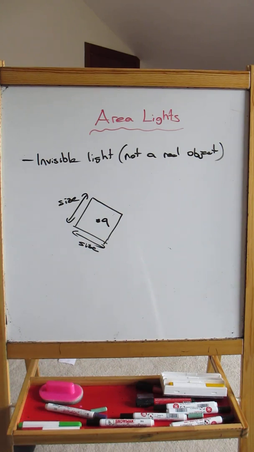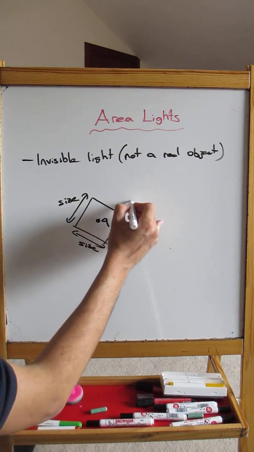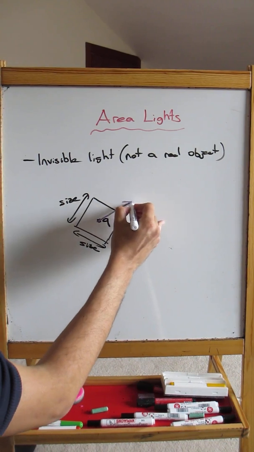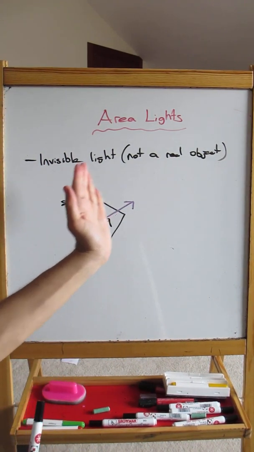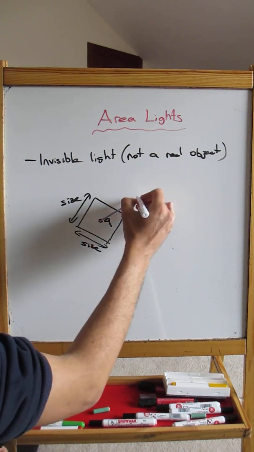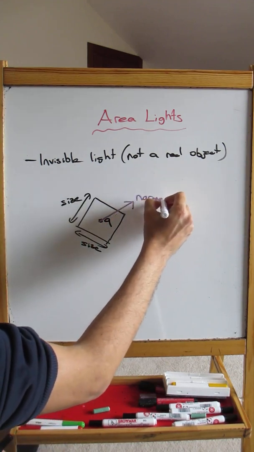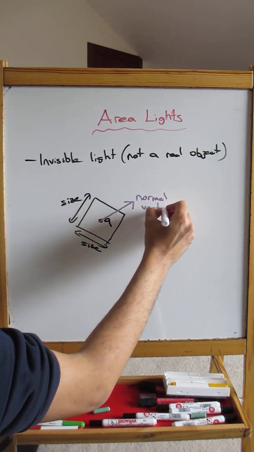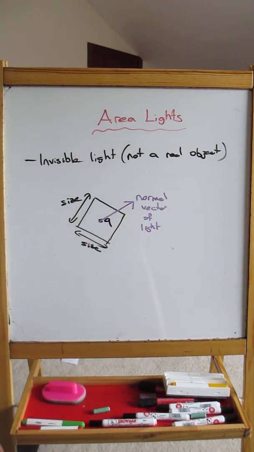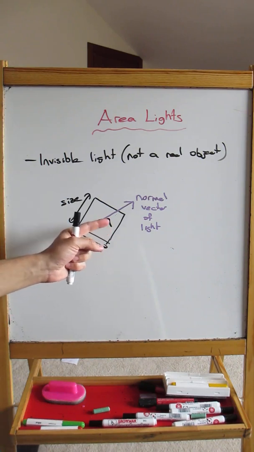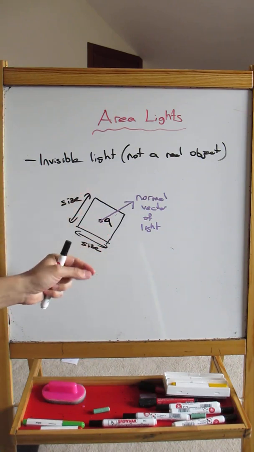But we must define the orientation of the light also. The orientation of the light is defined by a vector. So now this light is looking like this, with the normal vector of the light. It's going to be defined by a position and size.